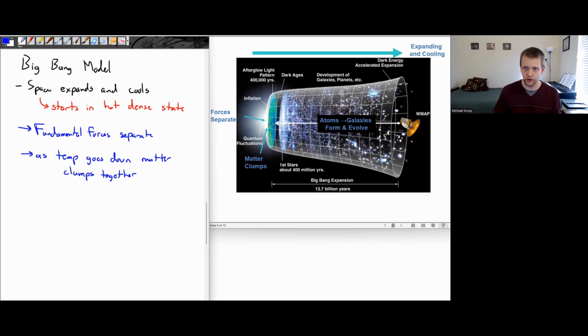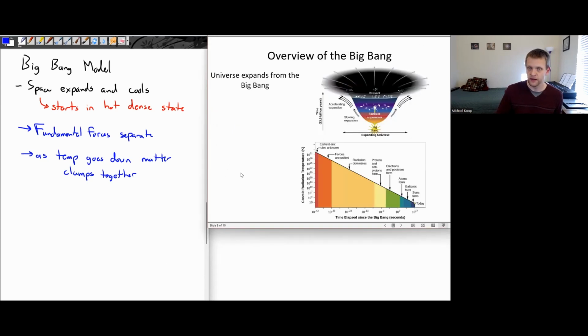So matter clumps together, atoms start being pulled together by gravity to form early generations of stars, starting to fuse and make heavier elements. And that's generally going to be our quick overview picture of the Big Bang. So again, the universe is going to be expanding from the Big Bang. As the universe expands, it is going to cool down.